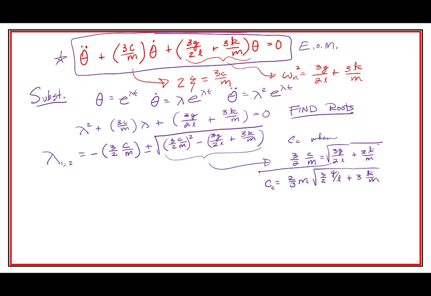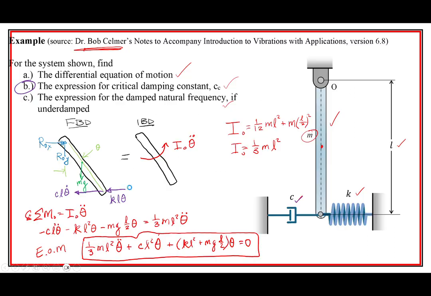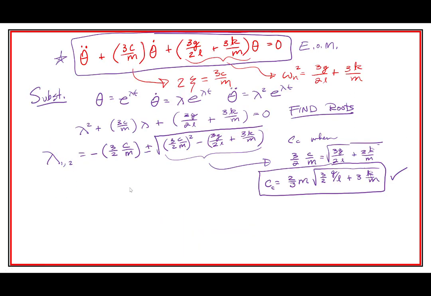I think that's good enough. We could start trying to replace things like the K over M could be omega natural frequency squared, but this is a good enough expression to find numerically. And then lastly, we want to find the expression for the damped natural frequency of this piece. So I would say, and I think I can say this fairly, that this whole thing right here is going to be the damped natural frequency.